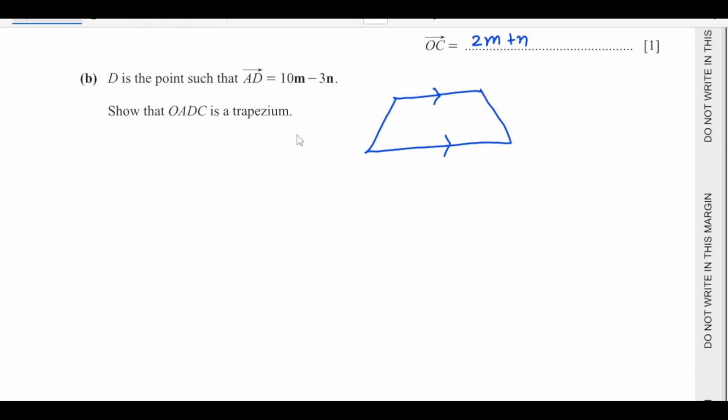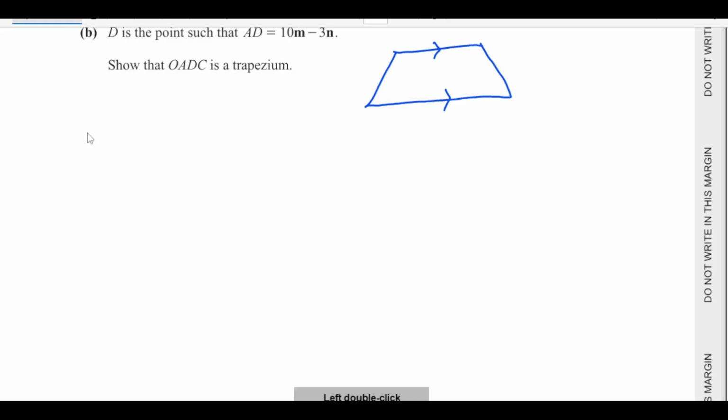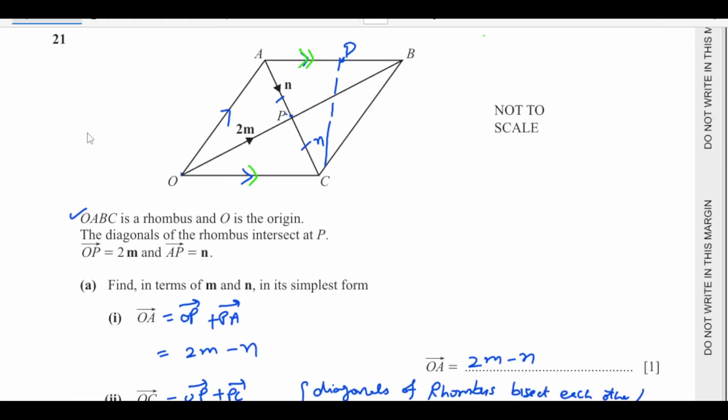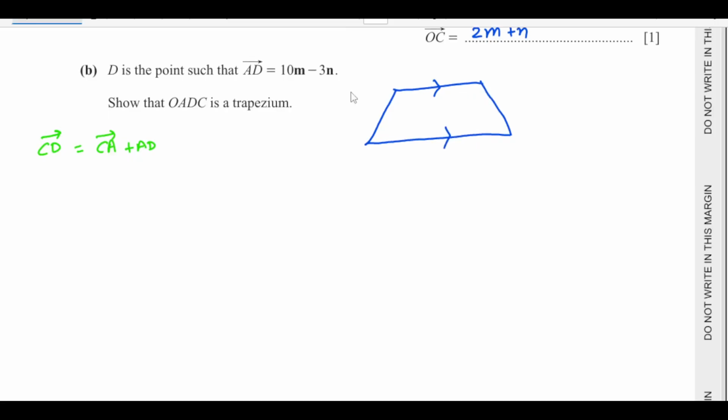So now let's say we have here CD. CD is equal to CA plus AD. So if I take this one, how should I put it? CA is here, CA plus AD, this one, right? That is CD, okay, yeah, that is CD. So then this CA, do we have CA? CA is n plus n, right?